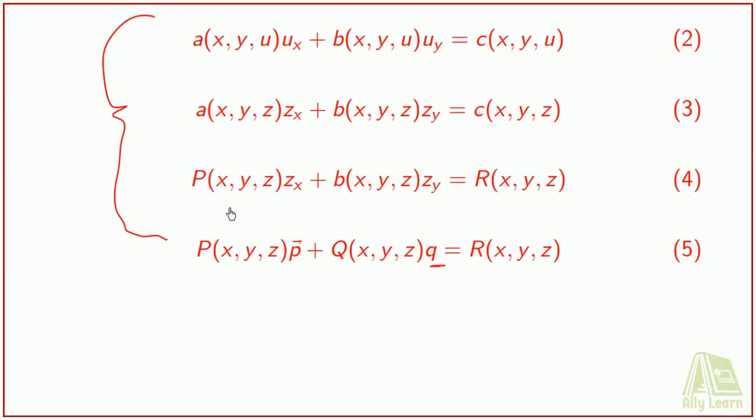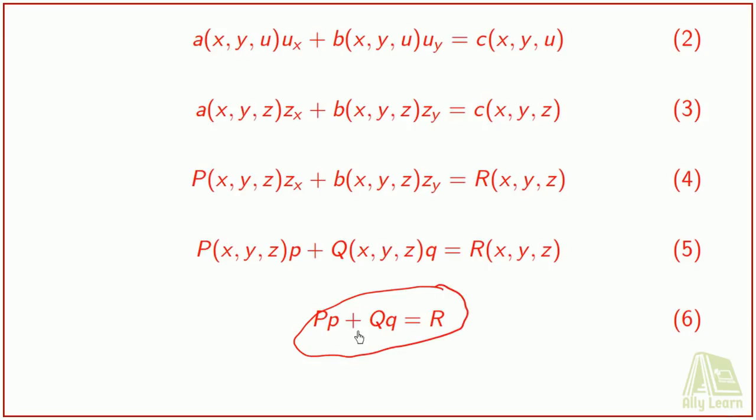Fine. And now it has one more short form, like instead of writing x, y and z, we can also write simply in this form. What we have done over here is that instead of writing capital P as a function of x, y and z, we are simply writing it as P and capital Q. So this basically means that the first order quasi-linear PDE may be given to you in any of the above 5 forms.